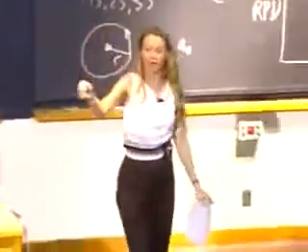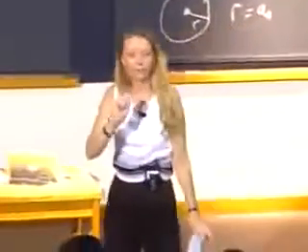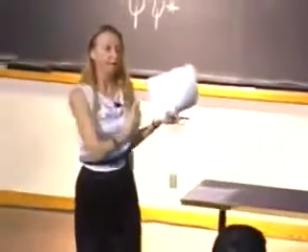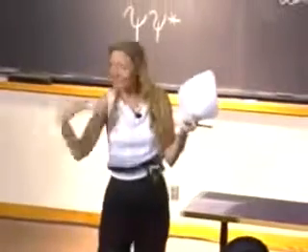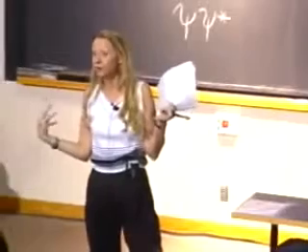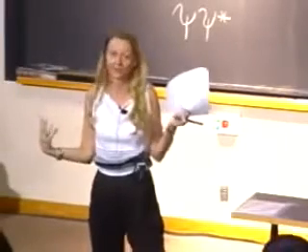So if you have a hydrogen atom in the first excited state, in a sense, that hydrogen atom is bigger. It's bigger in the sense that the probability of you finding the electron at a larger distance away from the nucleus is larger. Okay, and that in general is the case.